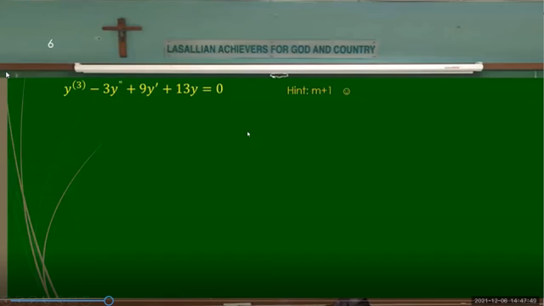For example number 1, take note that this is your y triple prime. So this one is D cubed minus 3 D squared plus 9D plus 13, and all of them y equals 0.